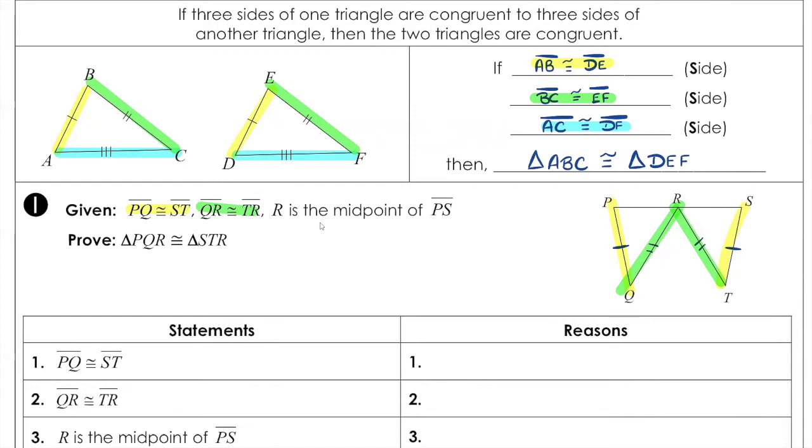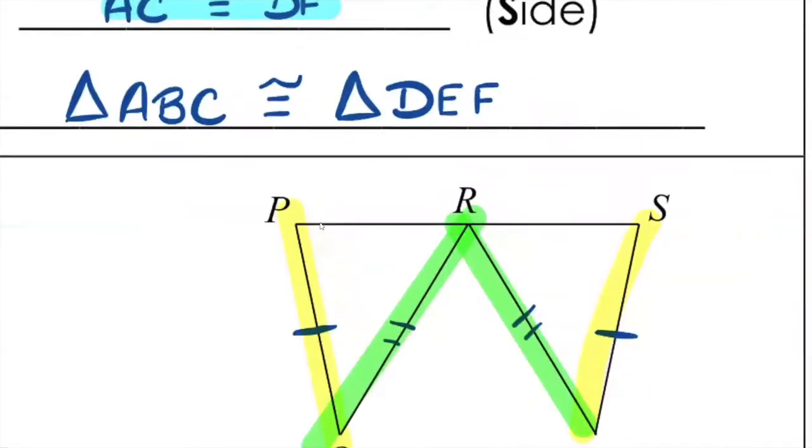Okay, and our last piece of given, we've got to be able to reason about what is happening. So when they say R is the midpoint of PS, what are they telling us as fantastic mathematicians? When I look at R, this point is the midpoint of this segment.